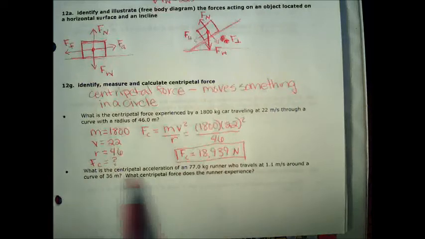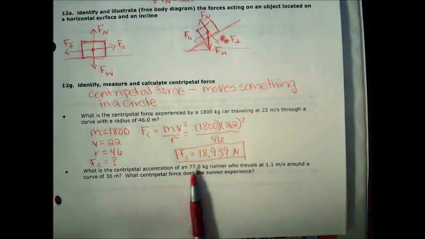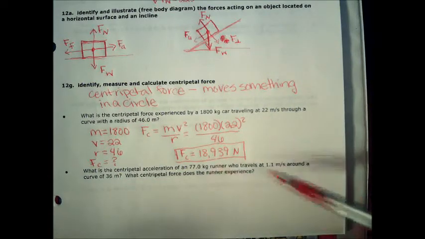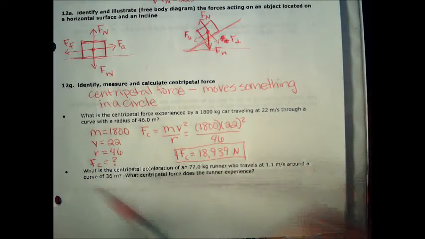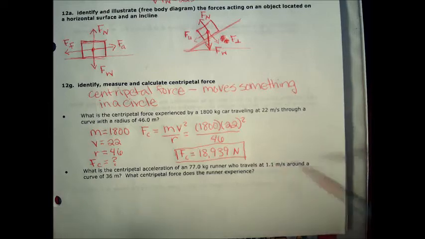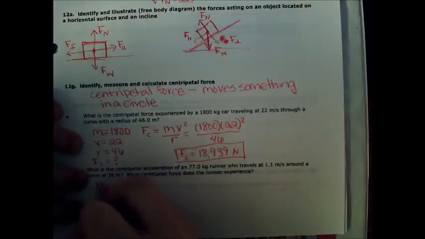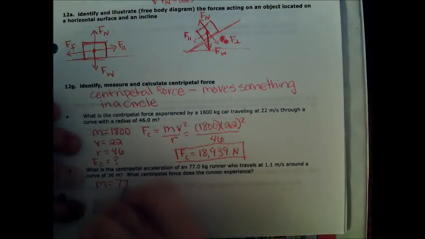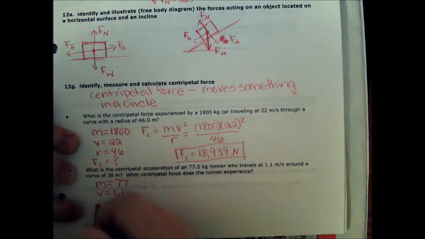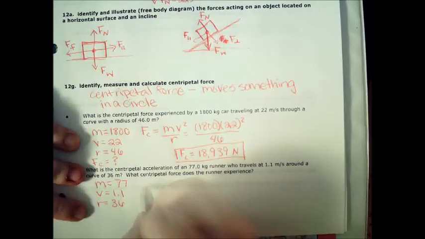Now, what is the centripetal acceleration of a 77 kilogram runner who travels at 1.1 meters per second around a curve of 36 meters? What is the centripetal force? So we know that mass is 77, V is 1.1, R is 36.